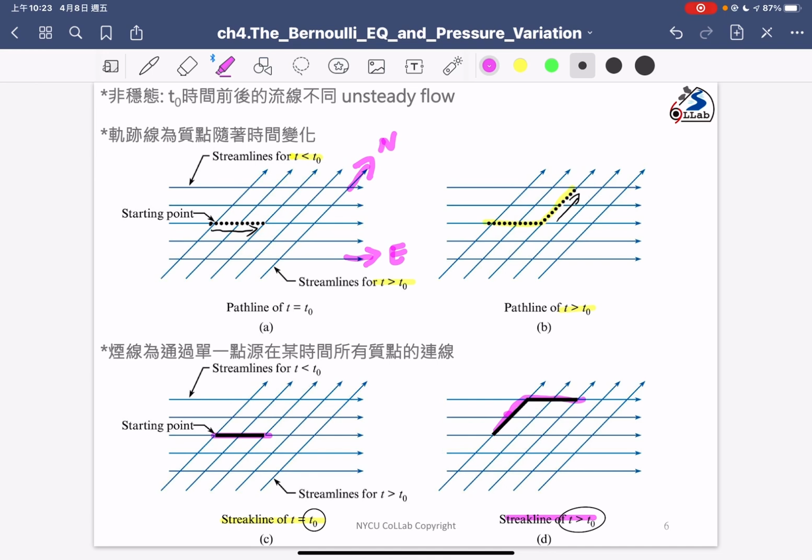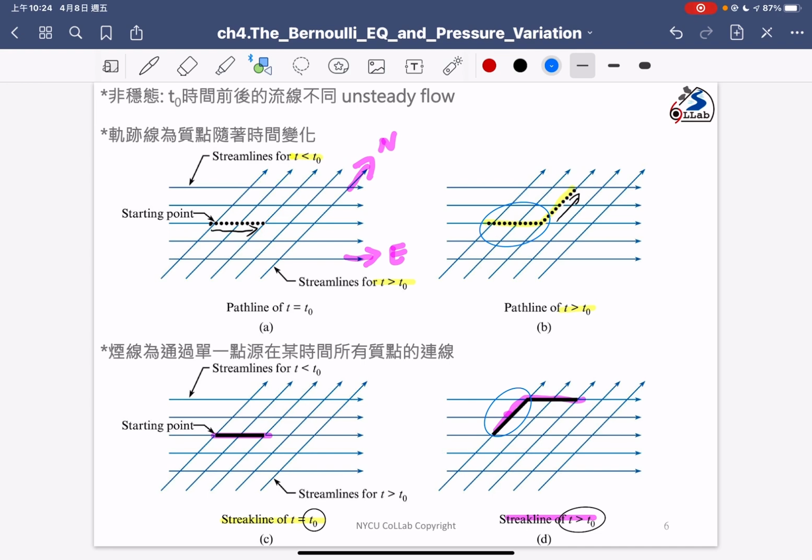The difference is this part. But for the streak line, they are different, right? So the streak line is only related to the time point. Like smoke, maybe the smoke initially just goes up, but when some typhoon comes, the smoke will move in another direction. It relies on the different wind direction, right?